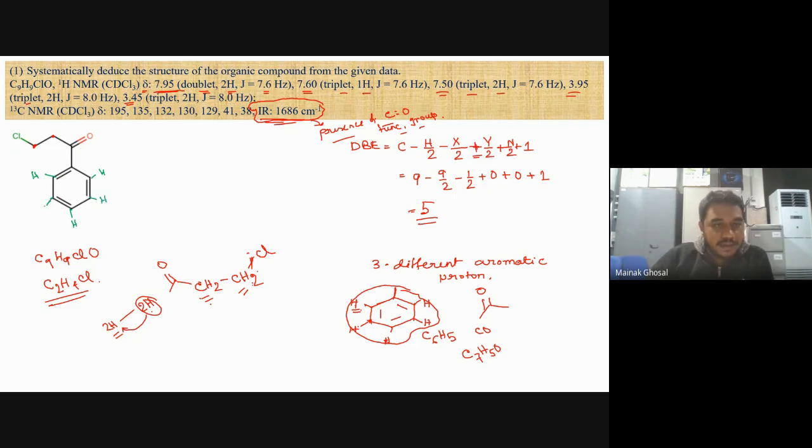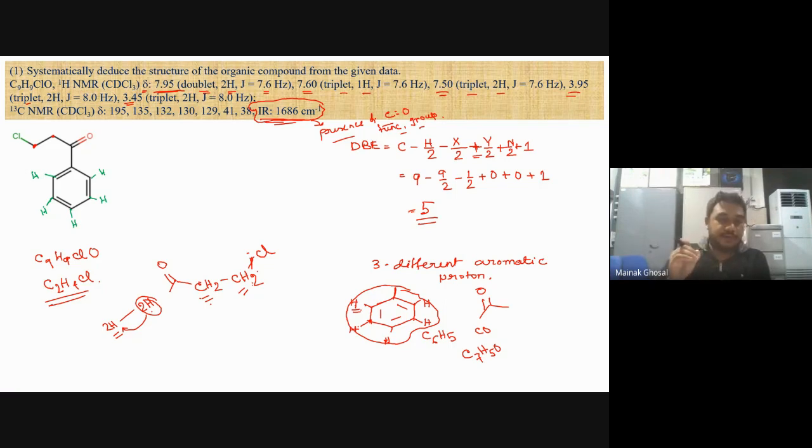Just like in a benzene ring with some monosubstitution, you will see directionality, whether the group is ortho-para directing or meta directing. If a group is ortho-para directing, it will increase or decrease the electron density over the ortho or meta position, so the electron density will be different.